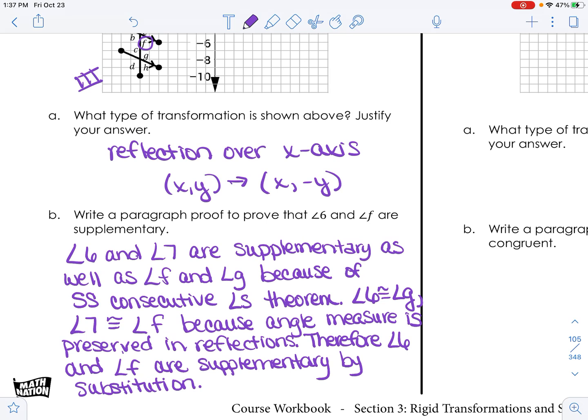I can just substitute in those values. That's it. Okay, so again, I know I'm throwing a lot at you and it's not easy doing it like this, but go back and read through that again, see if that's logical. You're making a connection between the pre-image and the image and then going from there.